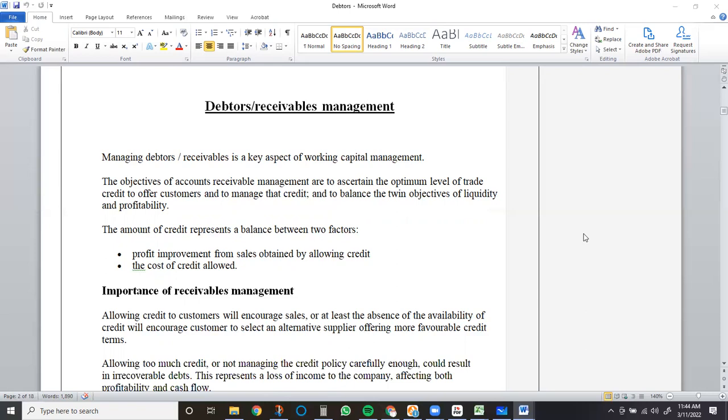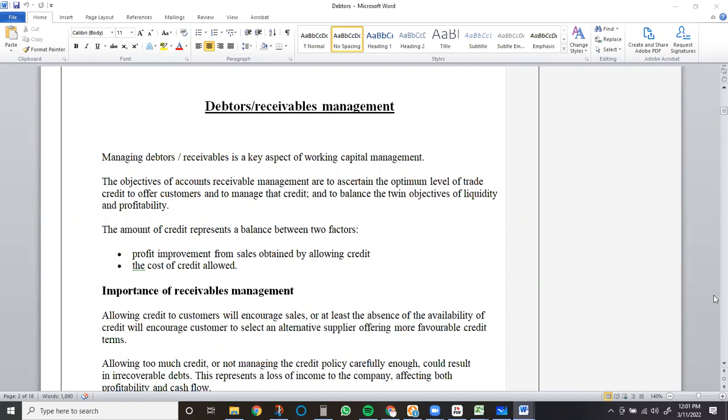Now, again, we come back to this idea of liquidity and profitability. So our receivable management, as you saw there, once again, it's the balance between objectives of liquidity and profitability.